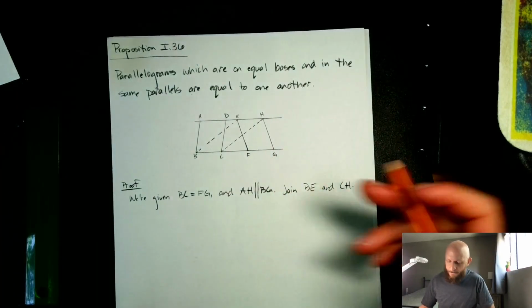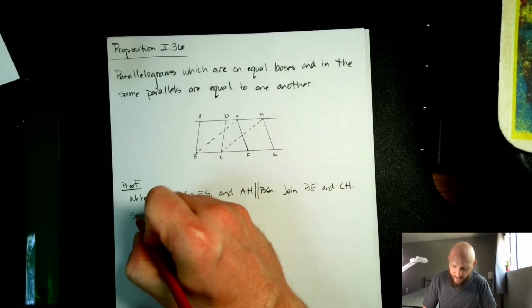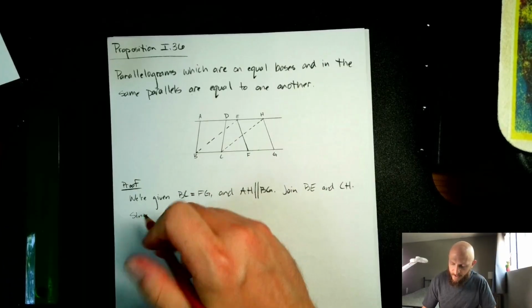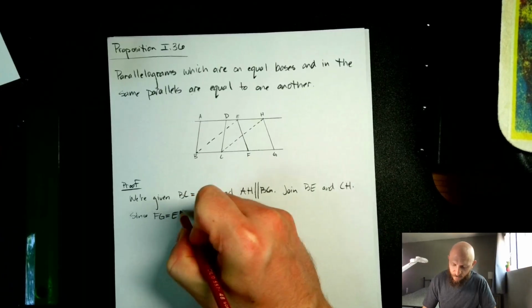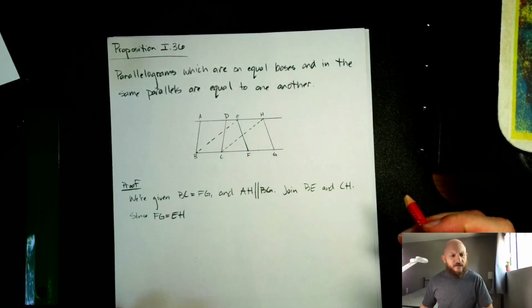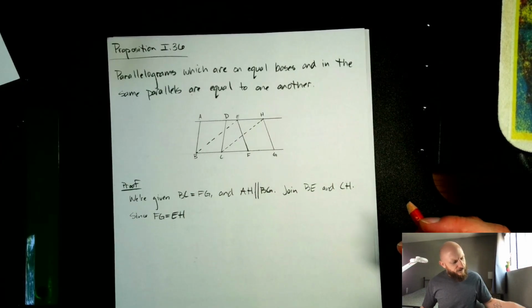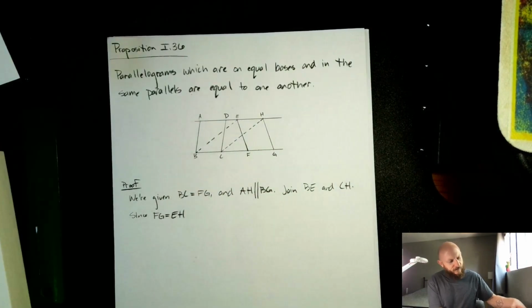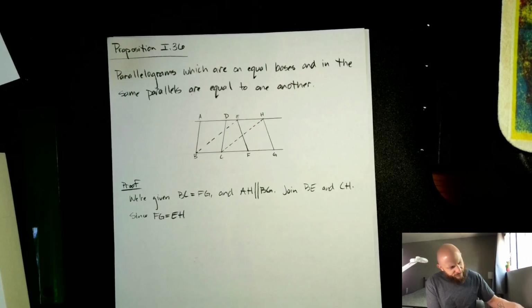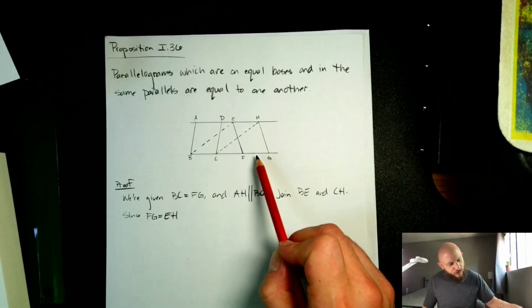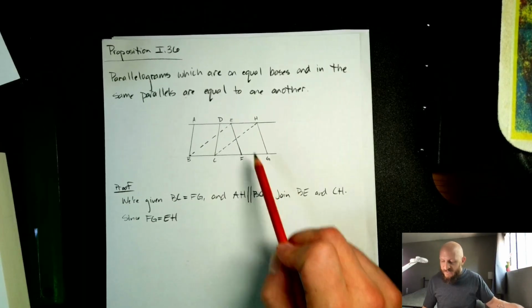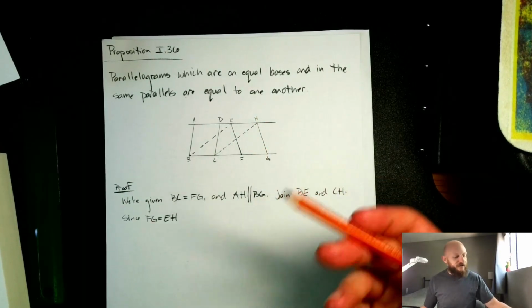Then we can say, since FG equals EH, and this is stated in the Elements. Let me just read it, but it's not justified, and I think that it should be. Euclid says, since BC is equal to FG, which is what we're given, while FG is equal to EH, BC is also equal to EH.